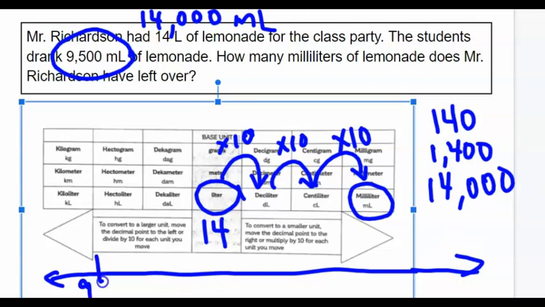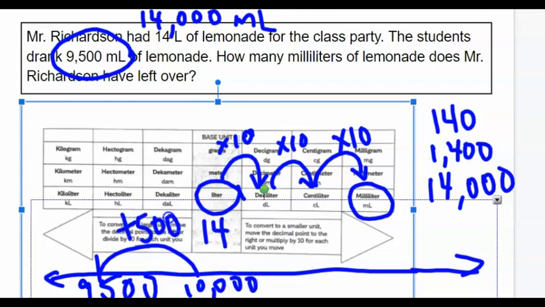So if I start at 9,500, well, how much till I get to 10,000? That's 500. And then 10,000 to 14,000.